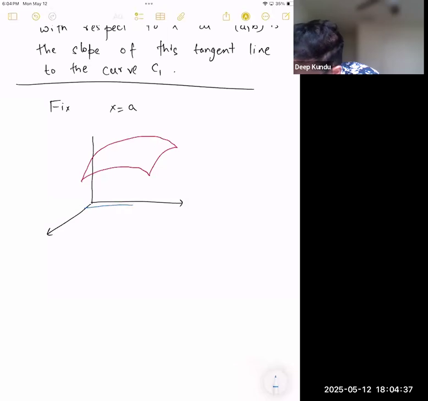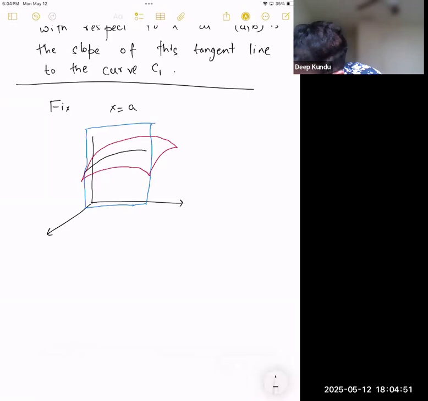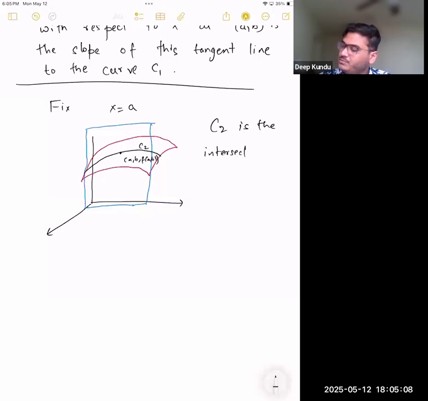So if this is a, then this is my plane x equals a, and this is going to intersect my surface in this curve, right? Let's call it C2, and we still have the point (a, b, f of (a, b)), right? So now C2 is the intersection of x equals a and the surface z equals f of xy, right?